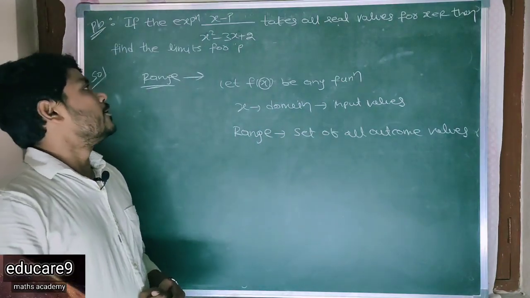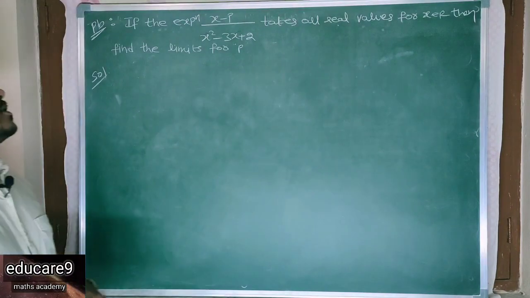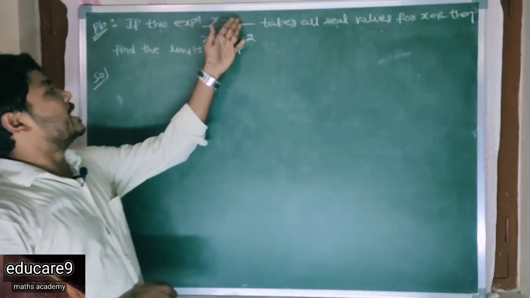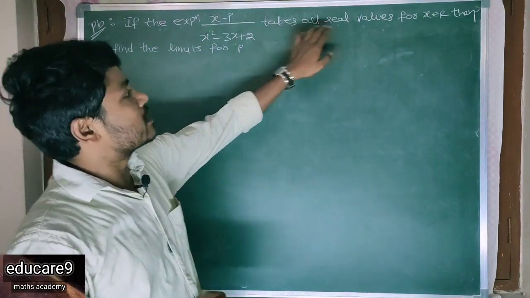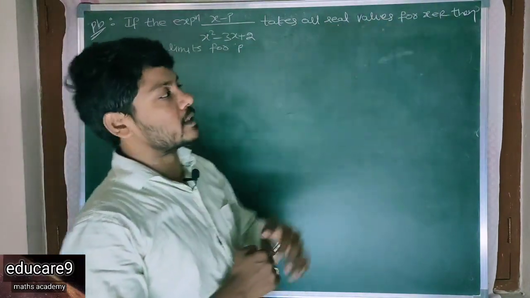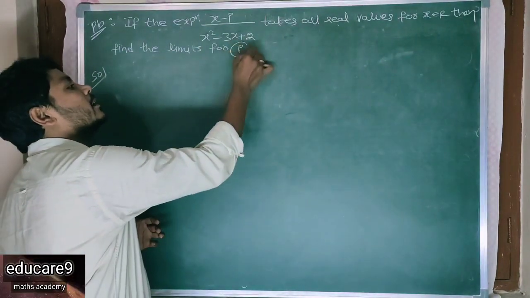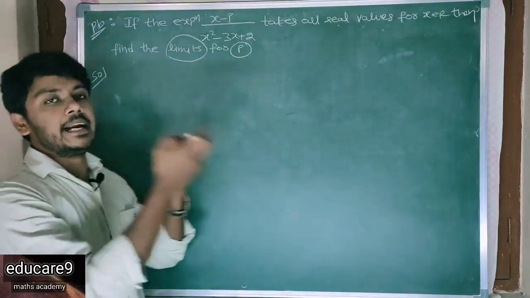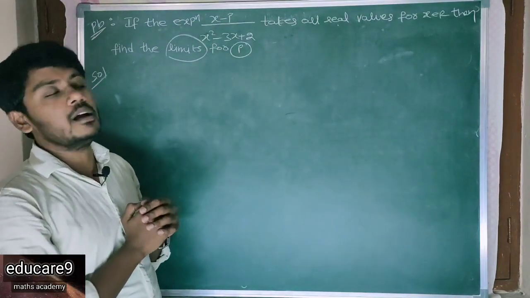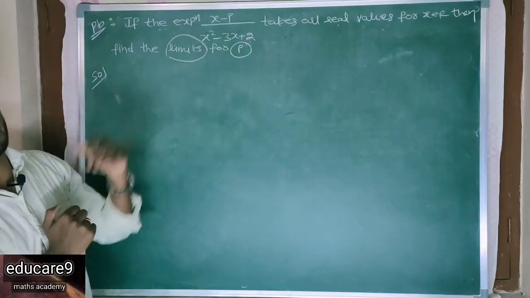Now we will discuss this problem. First, this expression x minus p by x square minus 3x plus 2 takes all real values for x belongs to R. Then find the limits for p. Limits means bounds, left limit and right limit. You want to find the left limit and right limit, that means the range of p.